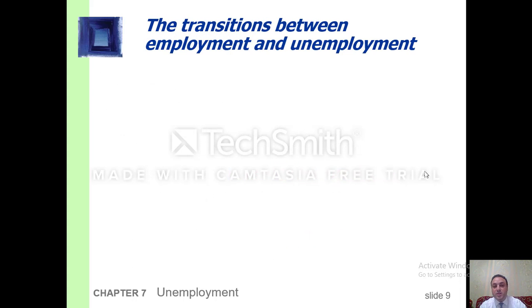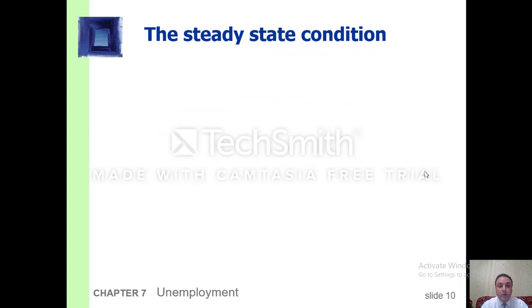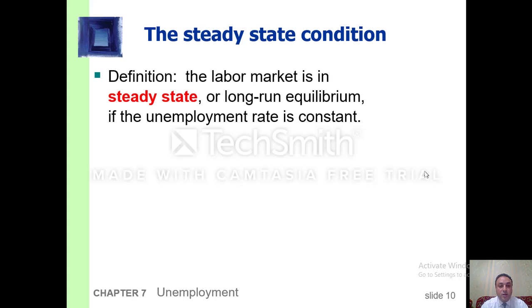Let's see again the transitions between the employed and unemployed here, as you can see. So S is the fraction of the employed people, and F is the fraction of the unemployed people. So when we assume the steady state condition, in which the labor market is in steady state or long run equilibrium, the unemployment rate is constant.